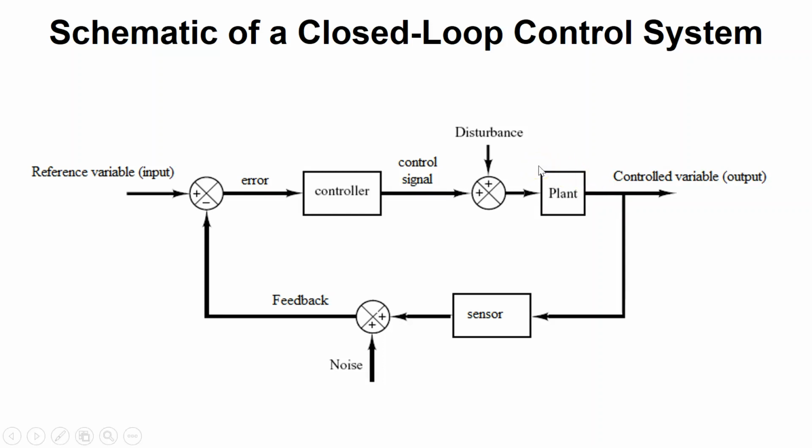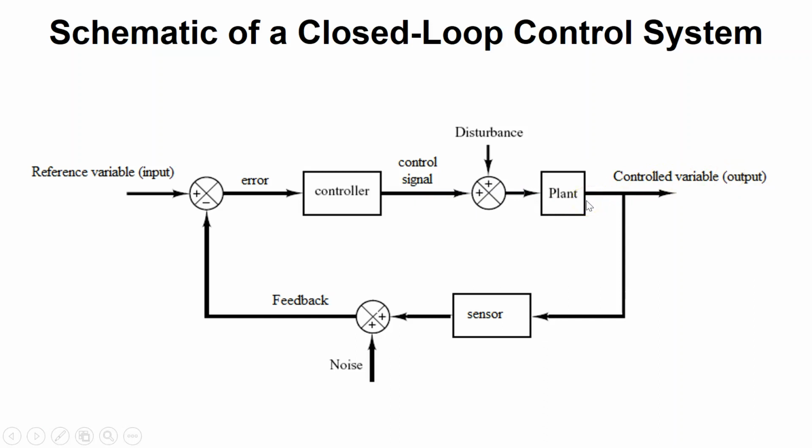And so the motor itself, the DC motor, is actually your system. You want to control the angle through which it has rotated. Or let's say it's a cruise control system in a car. So the system itself is the car here, and you want to control the speed of the system. So it's anything you want to control the output of.